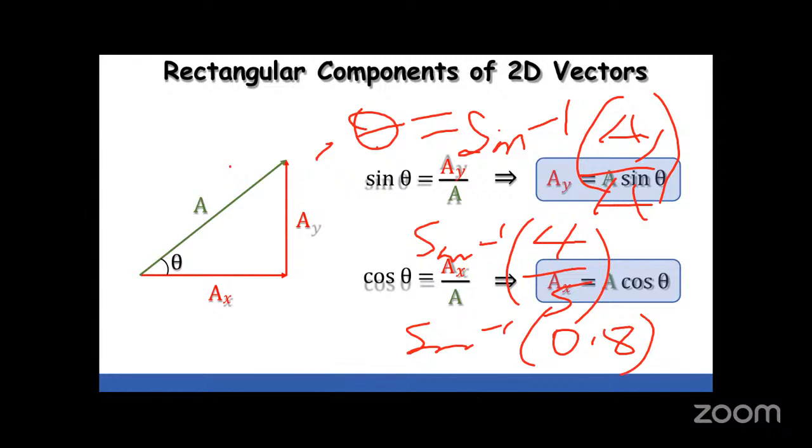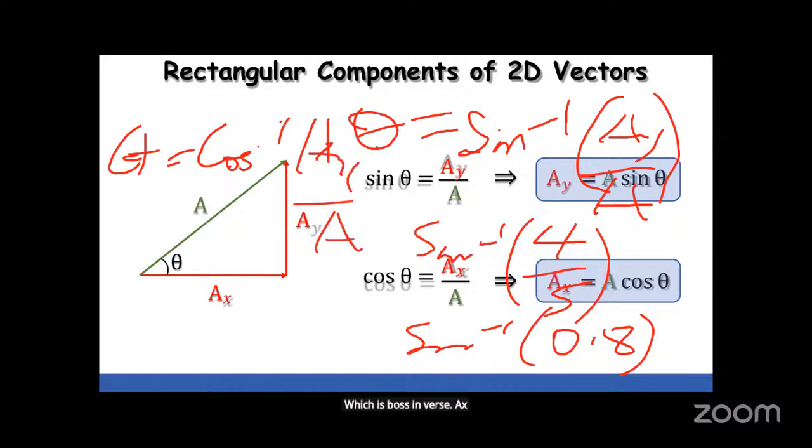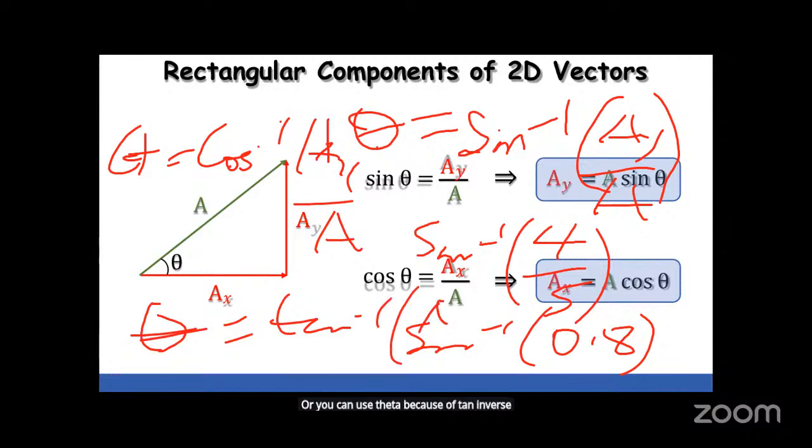We can also use cos theta, which is cos inverse of Ax over A. Or we can use theta equal to tan inverse of Ay over Ax.